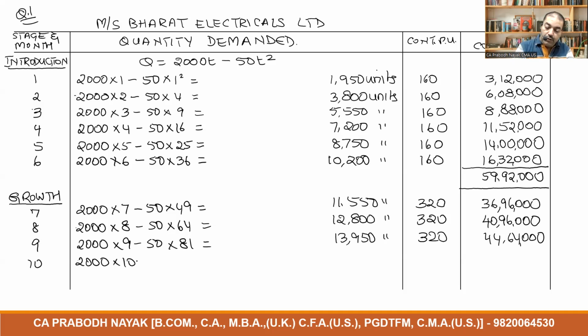Two thousand into 10 minus 50 into 100. 15,000 units at 320 per unit. 48 lakhs.